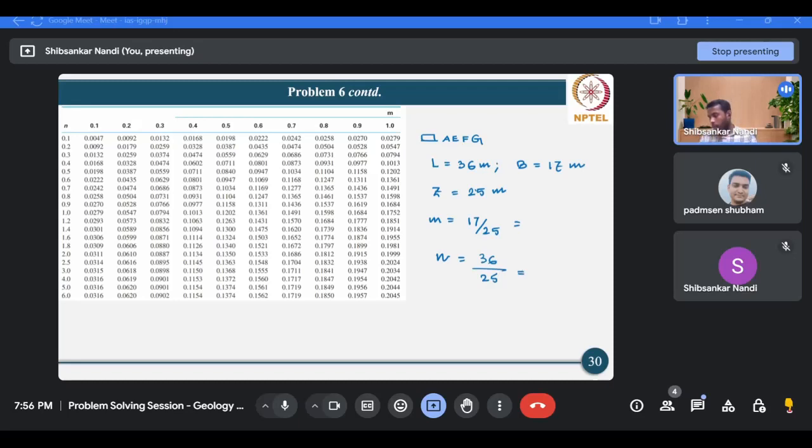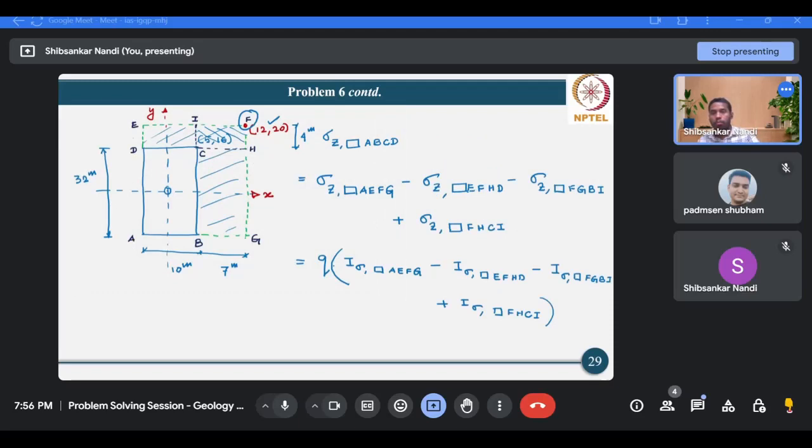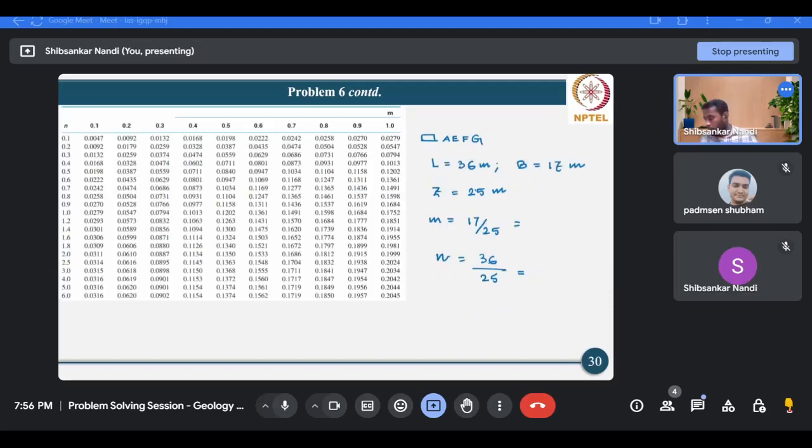So 17 upon 25 is 0.68, and 36 upon 25 is 1.44.